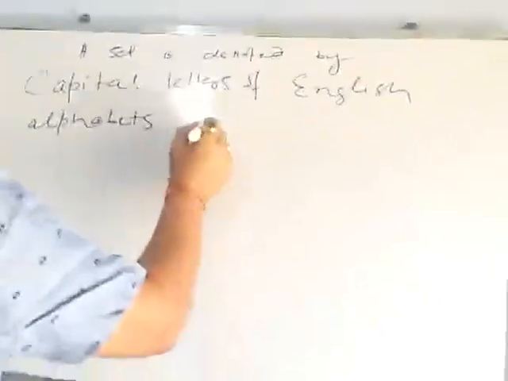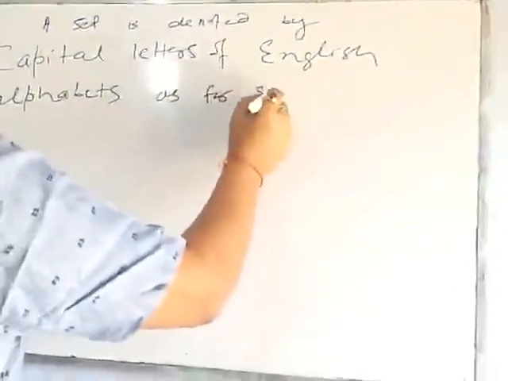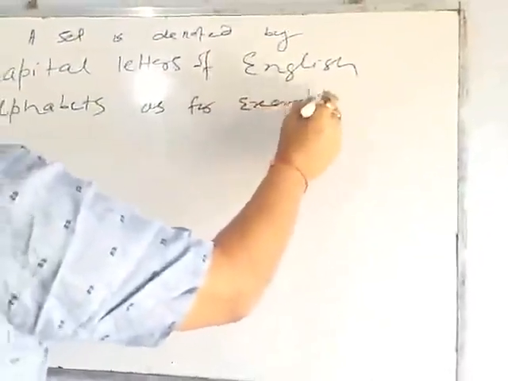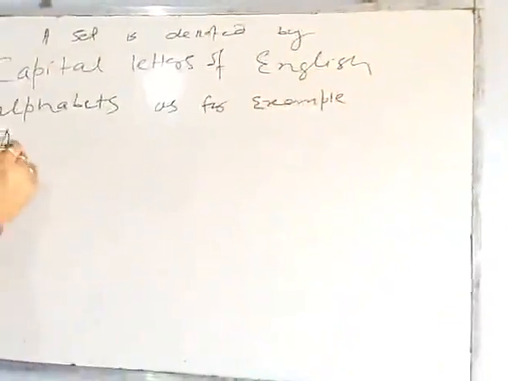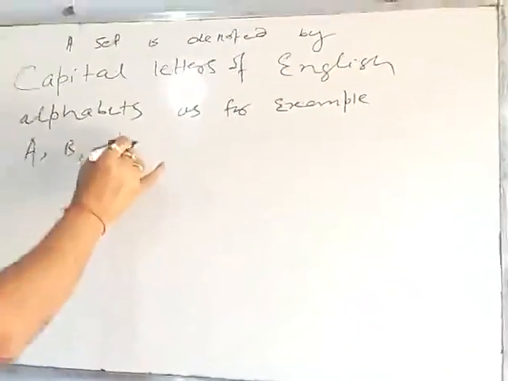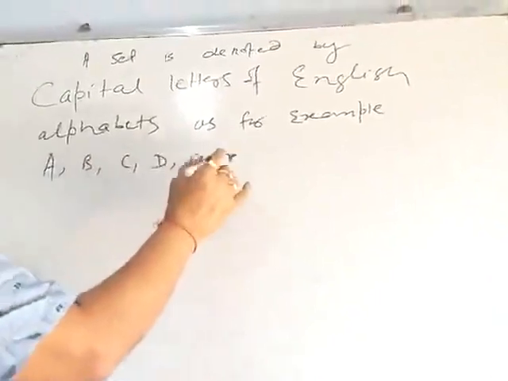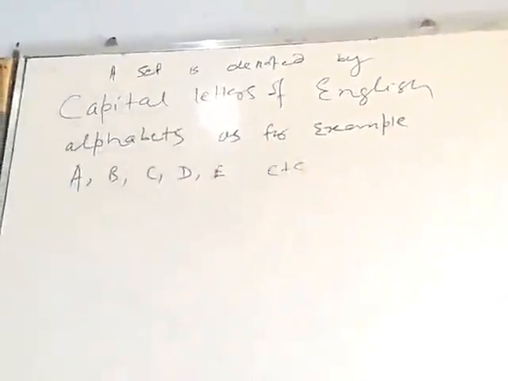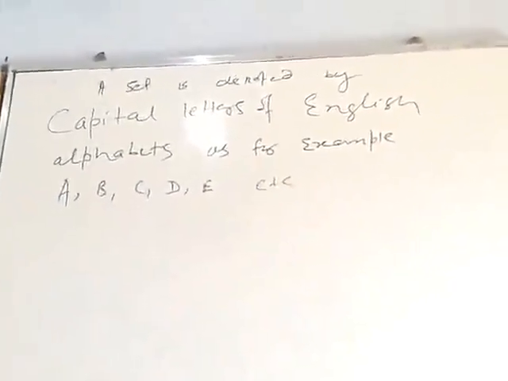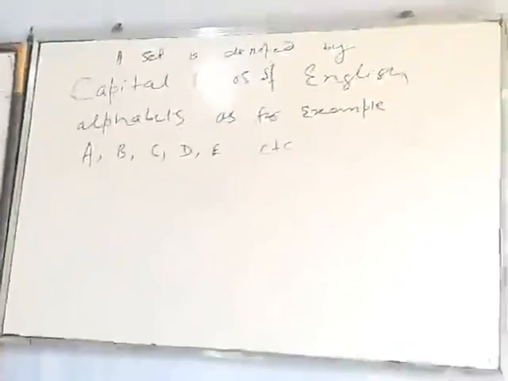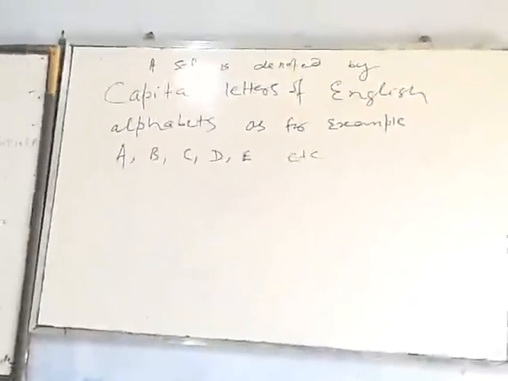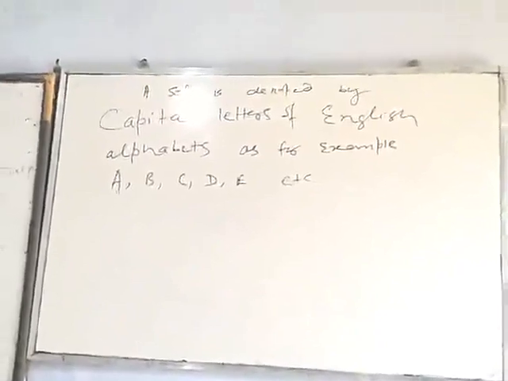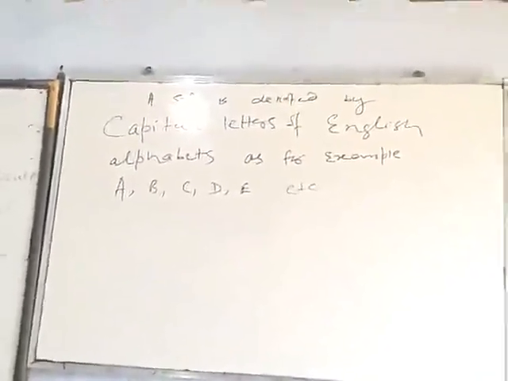As for example, A, B, C, D, E. These are the denotations of a set. Now, I have completed what is a set and the denotation of a set.